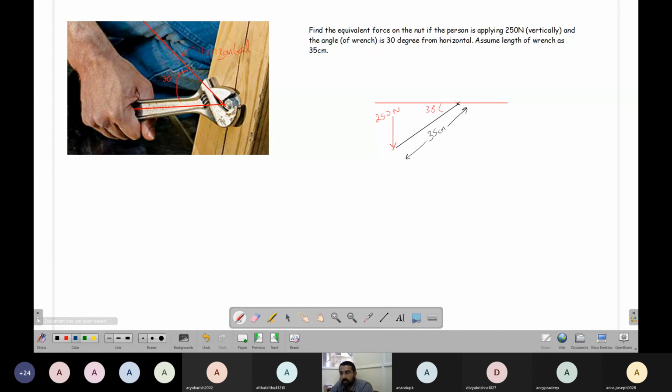Let's say some bolt is here. The angle is 30 degree. What is the equivalent force on the nut?